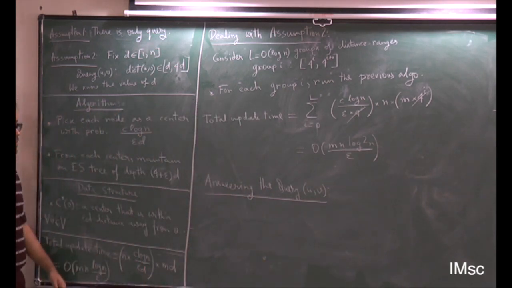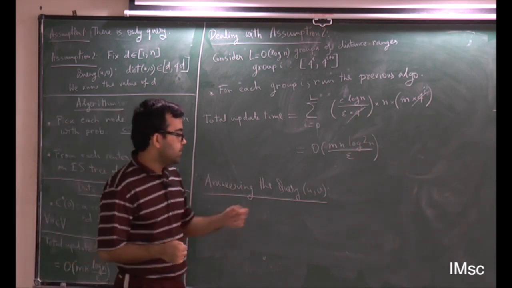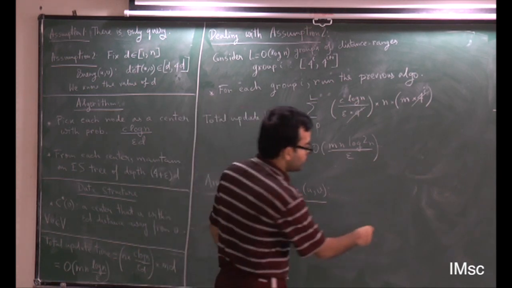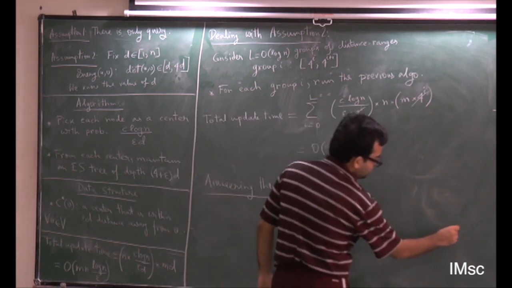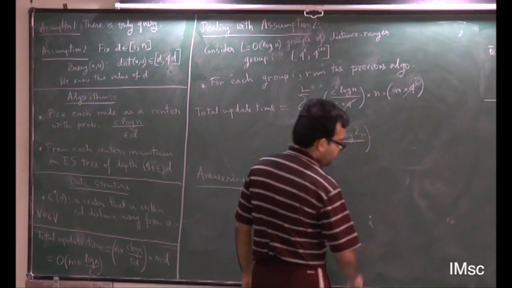How will you answer the query? So, a query comes u comma v. You can go through each of these groups. There are only log n many groups, right? And from each group you can find a center that is close to u. So, basically you are looking at group I, u comma v.